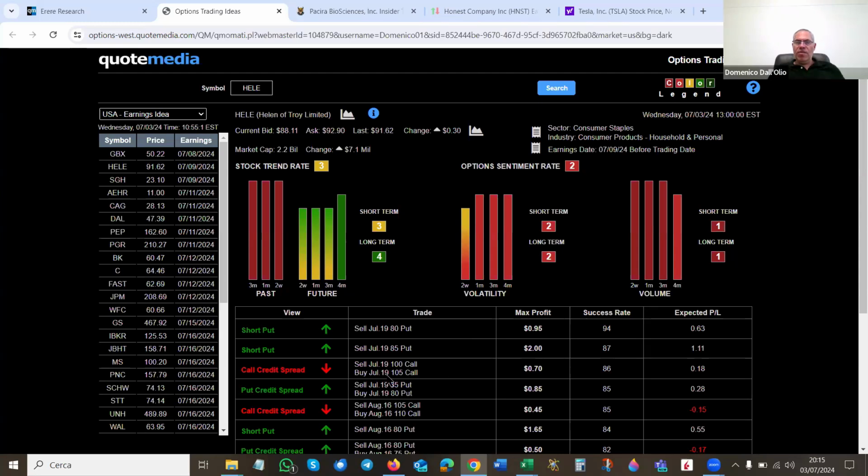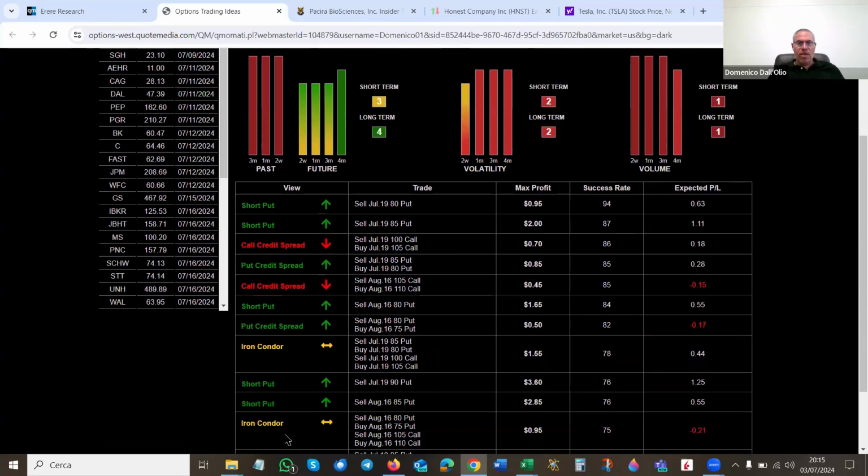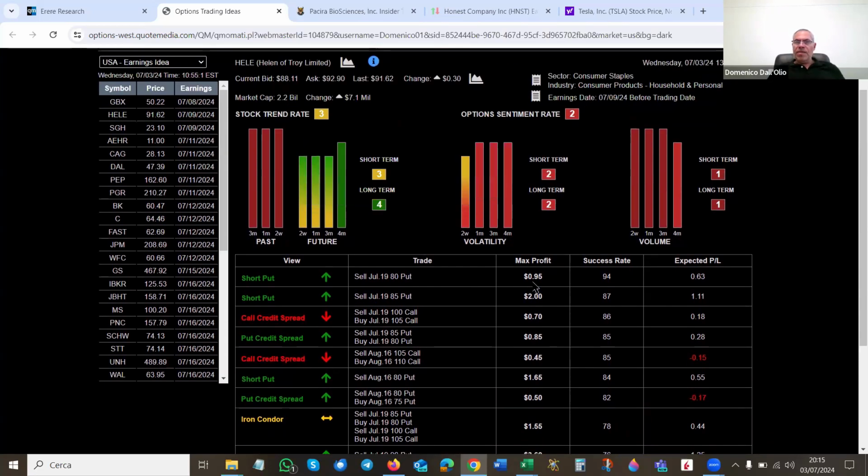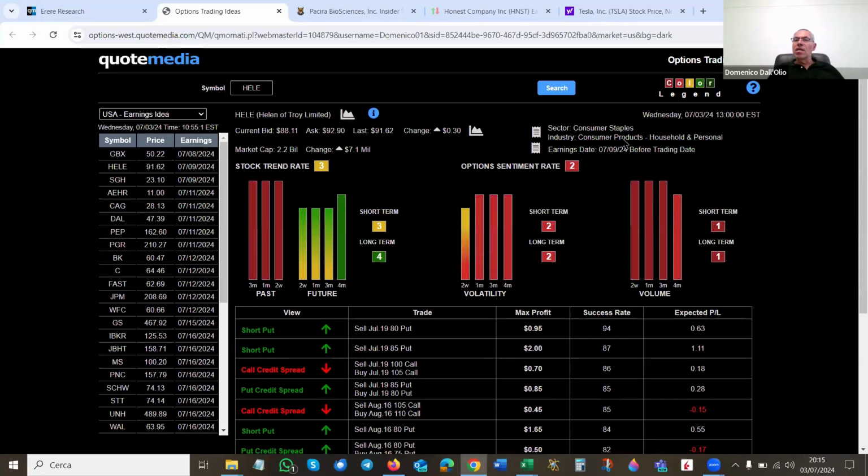And for the credit and even the debit spreads, sometimes you also have debit spreads or iron condors, they are always made hitting the bid side when you sell and the ask side when you buy. So this is a very precautionary calculation of the expected profit. Anyway, 0.95 is the bid price of the put 80.